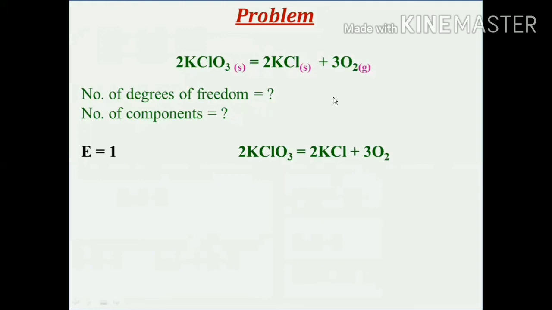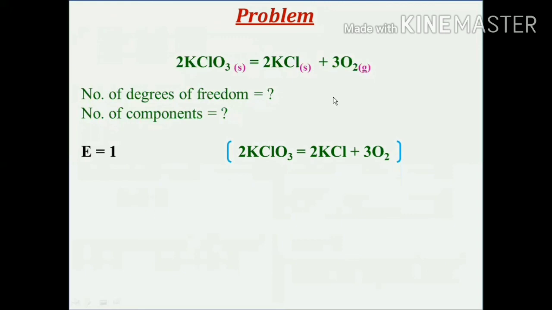I cannot find any existence of water in this system. That means the aqueous state of KCl cannot be there. So there is no other equation which I can use to represent this system, and this is the only equation sufficient to define this particular system.